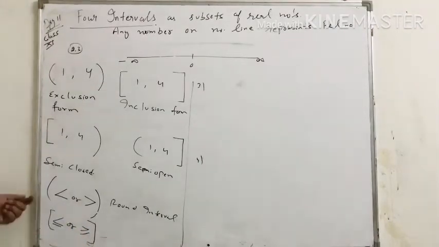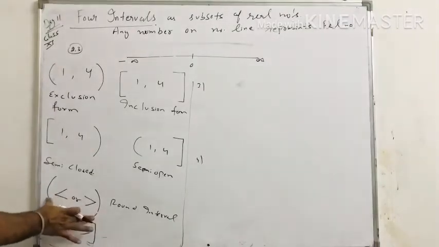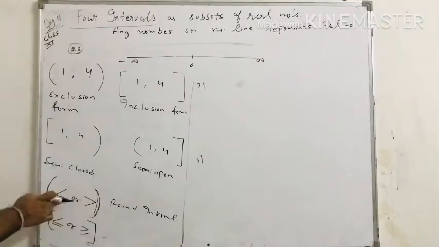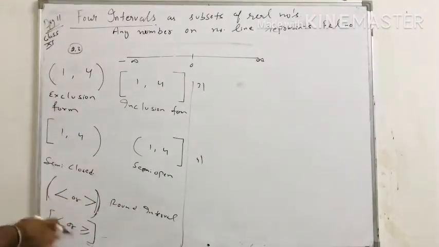We can say the open interval is represented by the sign less than or greater than, and closed is represented by less than or equal to or greater than or equal to.